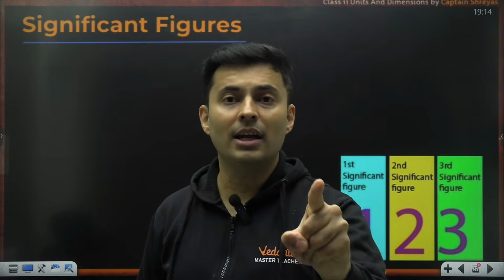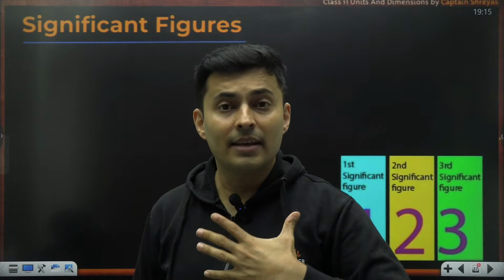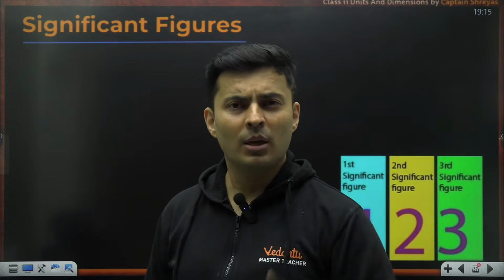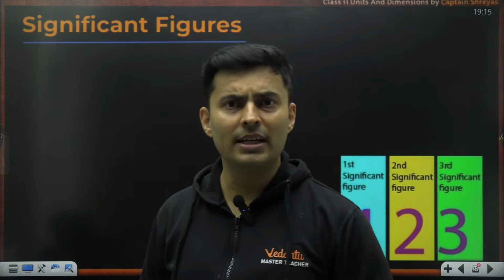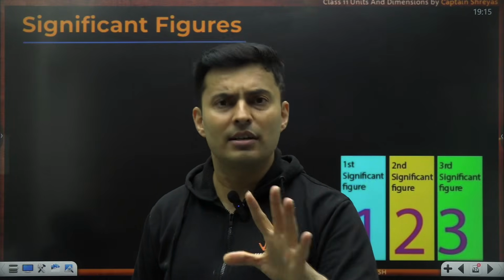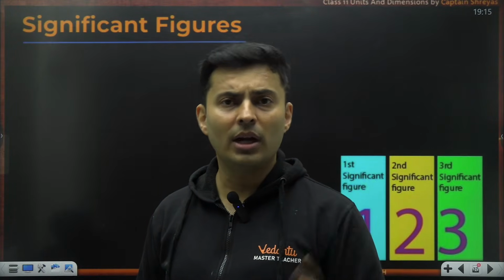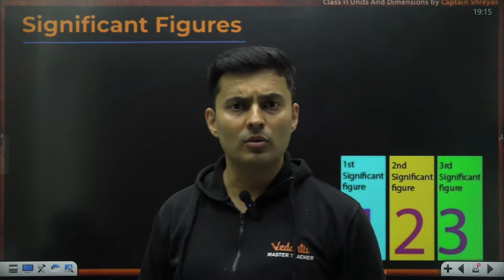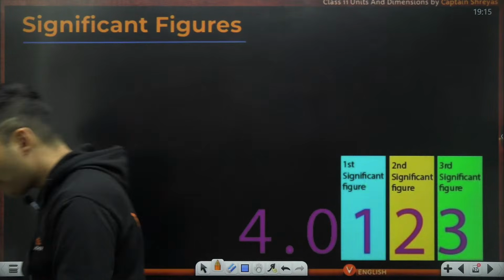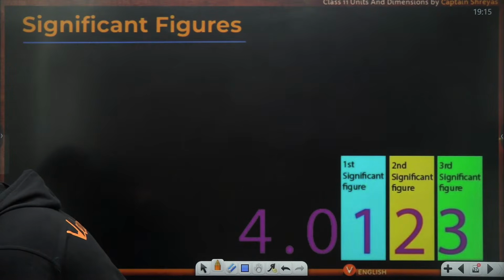In spite of that, students got it. If you are serious and you are following my lectures, it's not possible for you to get a low score. You will get a very good score in physics. That one thing I can guarantee you.